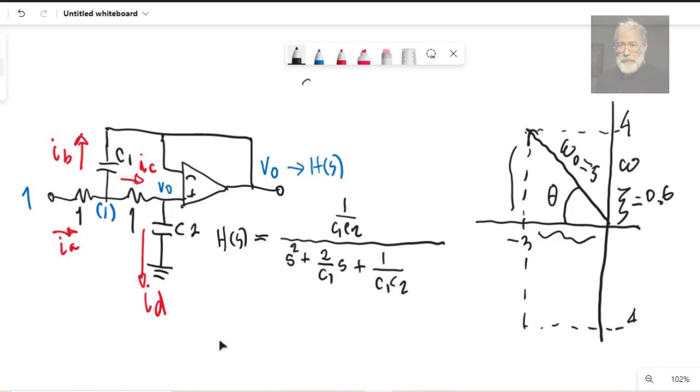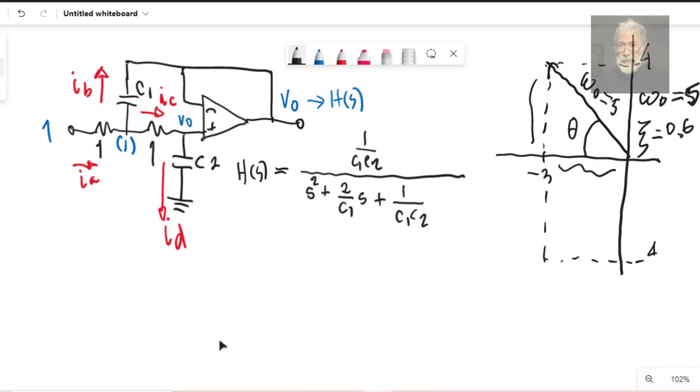So we know omega naught is 5, and we know the damping factor is 0.6. Why do we care about that? Because we remember from the Bode plot that a trinomial like this one, produced by a pair of complex conjugate poles like the ones we have, is normally written in control theory this way: s squared plus 2 times the damping factor times omega naught times s plus omega naught squared.